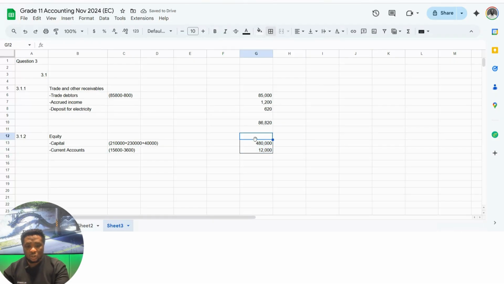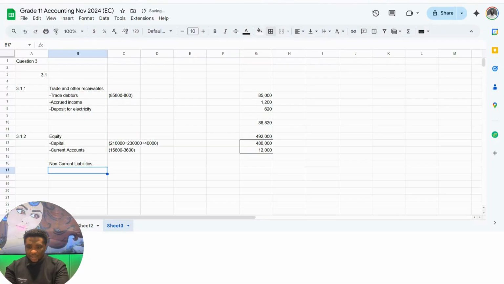Then after that, we will move to the liabilities. So let's have a look at our liabilities then, starting with non-current liabilities. Non-current liabilities typically just have one all the time, and that's typically just the loan. So we need to figure out the short-term portion of the loan as well as the long-term portion of the loan.